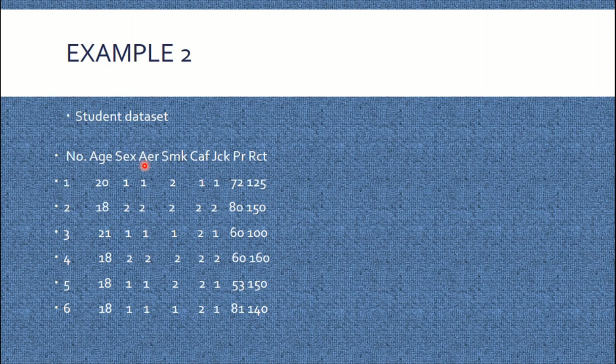The column labeled AER stands for aerobics, as seen in the key, with 1 representing yes, confirming that the students participated in aerobics, or 2, which says no, that the students did not do aerobics.